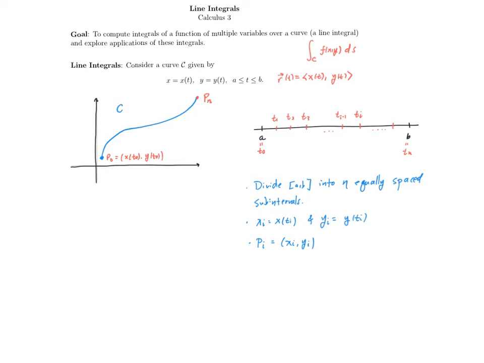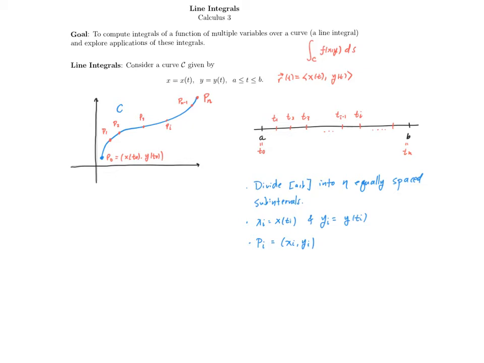Or because you know t naught is a, it would be x of a, comma y of a. The rest of the points are going to appear on here. There's going to be a P1, a P2, a P3, somewhere a P sub i, a P sub n minus 1, all the way up to a P sub n.